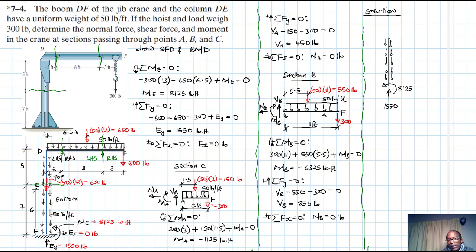Okay, this point is C. Of course, we are starting from this point going up like this. Therefore, here we expect a shear force of VC and a moment like so of MC and NC like that.